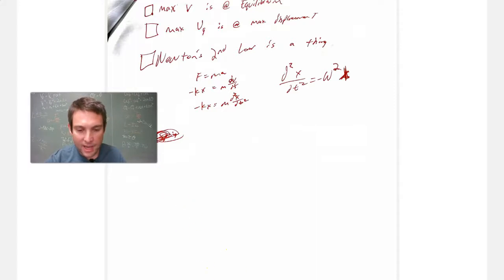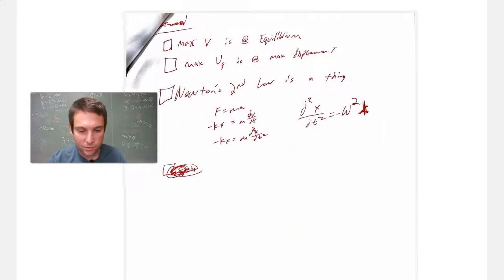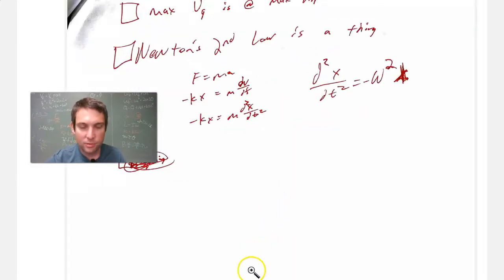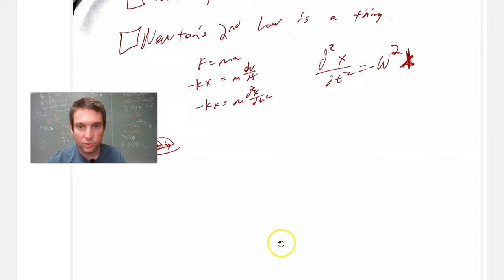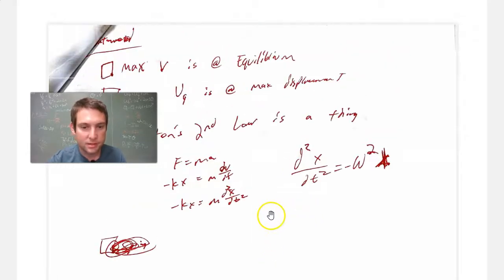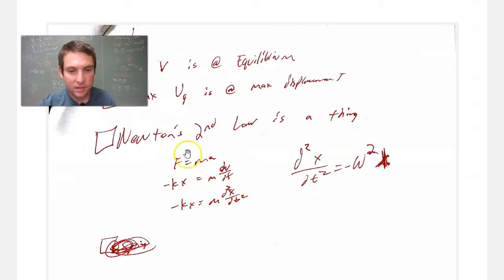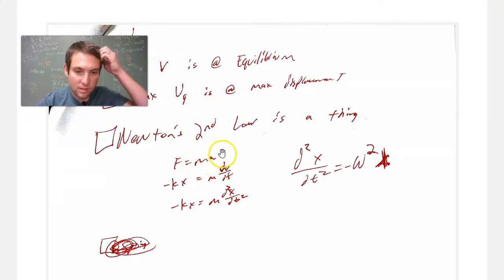Maximum velocity happens at your equilibrium for a pendulum, mass on a spring, any of that. Maximum gravitational potential energy, as I just showed you, happens at your amplitude. Amplitude is your maximum displacement. Newton's second law is a thing, so we can say the net force equals mass times acceleration.